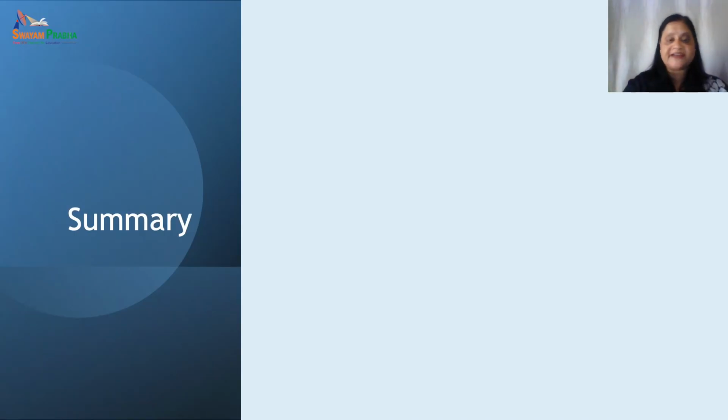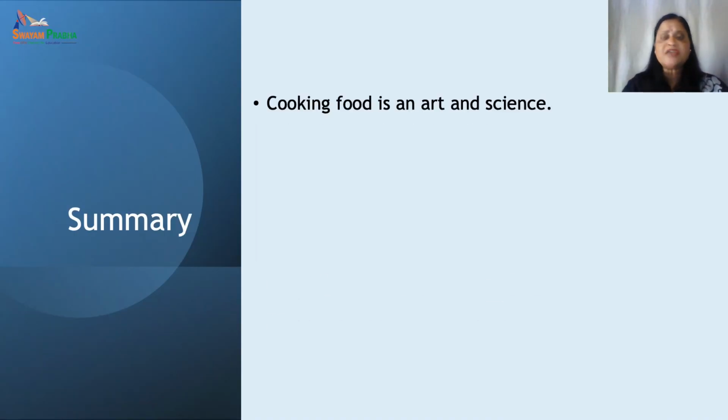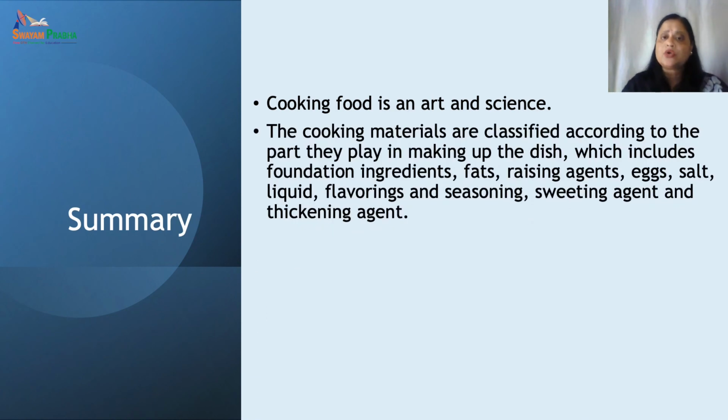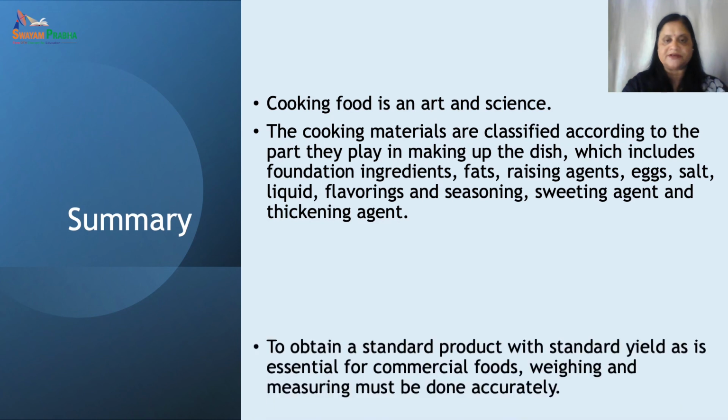Let us summarize, learners. Cooking food is an art and science. Cooking materials are classified according to the part they play in making up the dish, which includes foundation of ingredients, fats, raising agents, eggs, salt, liquid, flavorings and seasoning, sweetening agent and thickening agent.